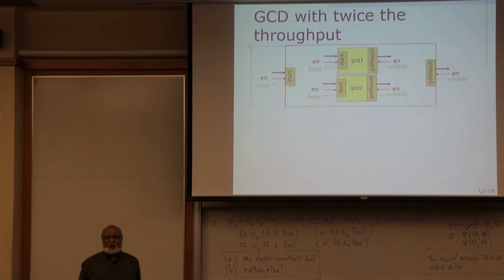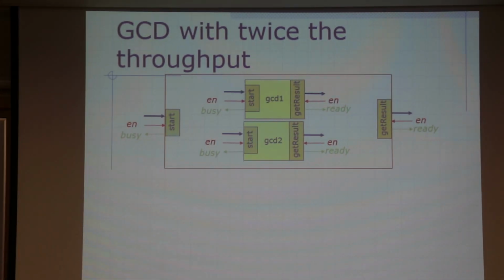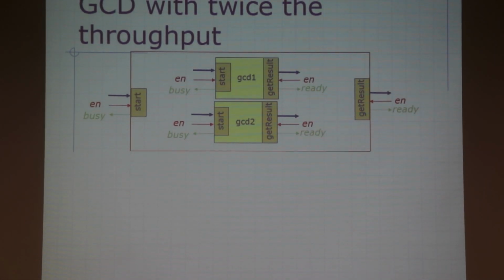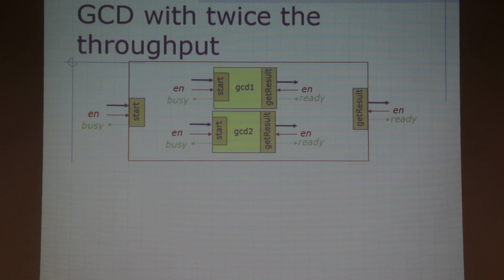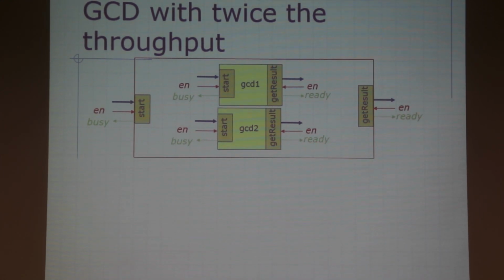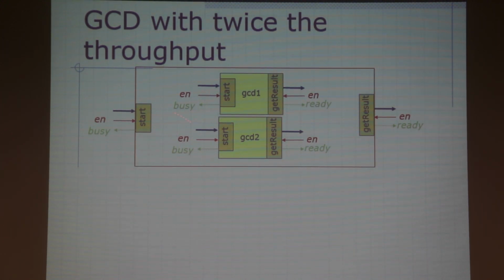So here is my high performance GCD. Can anybody guess what I'm going to do? I'm going to instantiate the GCD I showed you twice. When things come in, I send one here, the next one I send here, and similarly after that.